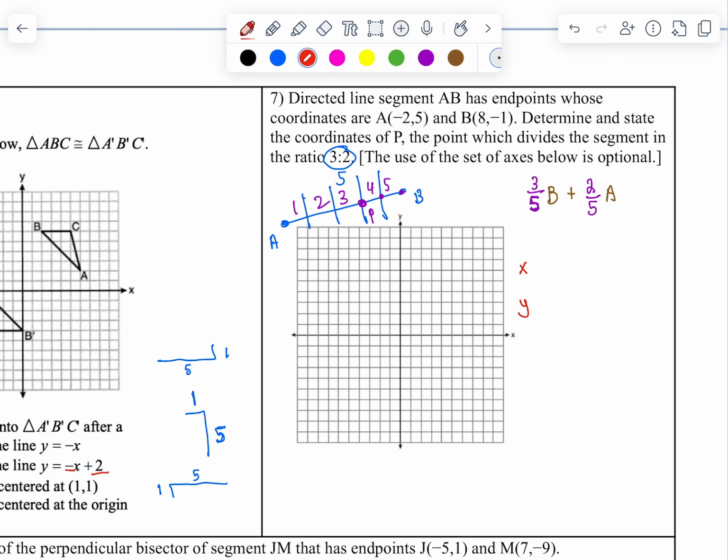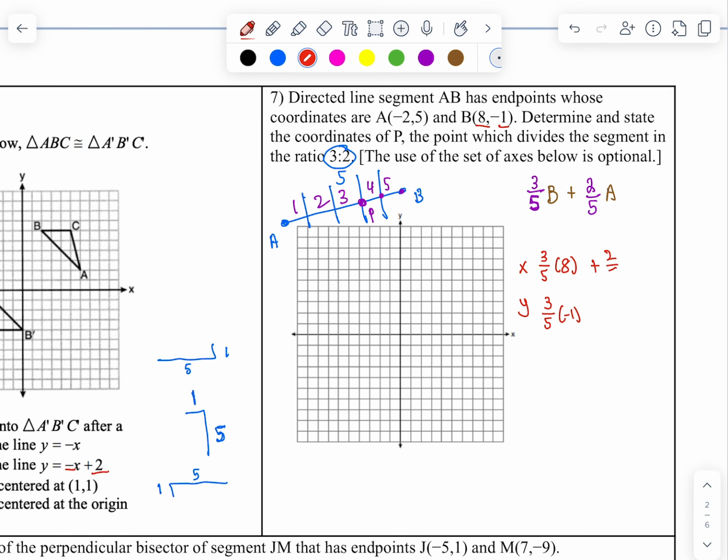That's what I like to do. Once you separate it, you can take the 3/5 weight and apply it to the x coordinate from B and the y coordinate from B. And then we can take the 2/5 weight and apply it to the x coordinate from A and the y coordinate from A.